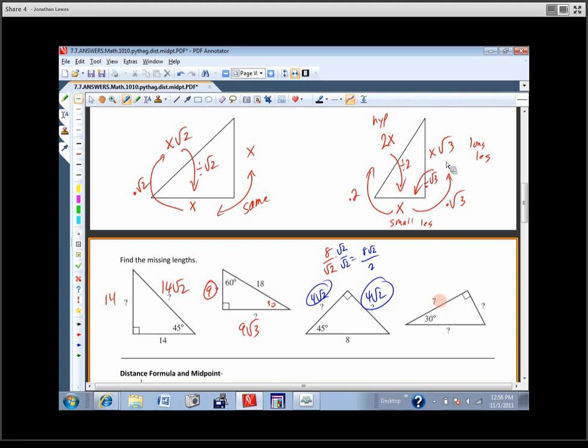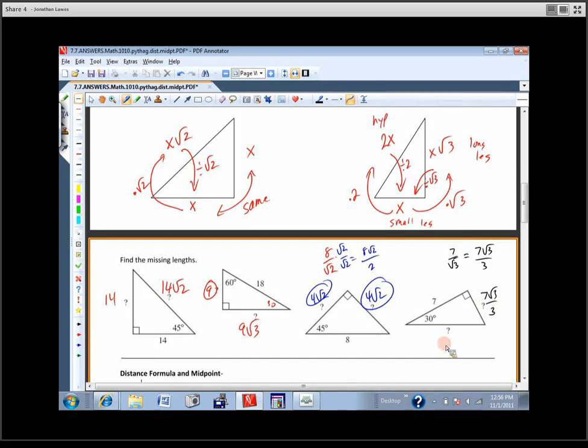They gave us the long leg. So if you've got the long leg, this is easy. Times by radical 3 to get from the short to the long. So going the other way, we have to divide, right? 7 divided by radical 3 is 7 radical 3 over 3. So that's this side right here. 7 radical 3 over 3.